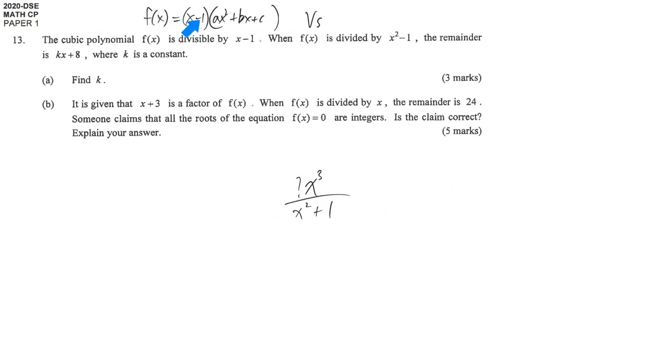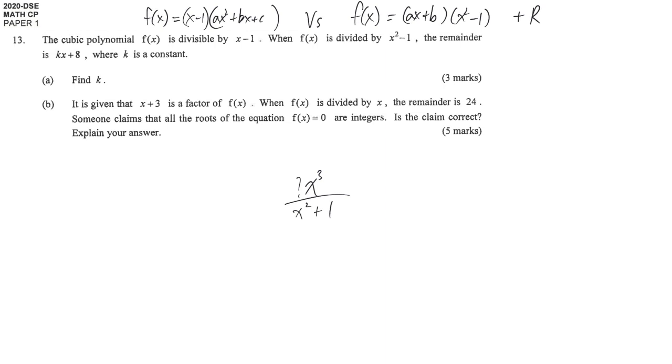So not only can you let it be in this way, you may also construct f(x) in this way. f(x) is equal to the quotient times x squared minus 1 and then plus the remainder, the divisible part and the not divisible part, and that is our quotient, and we know that the quotient should be linear, x power of 1, so we can let it be ax plus b.